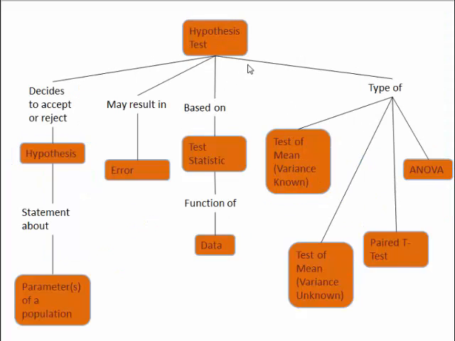So let's look at a concept map for the hypothesis test. A hypothesis test allows us to make a decision about certain hypotheses that we have. In our case, it allows us to decide to accept or reject the hypothesis based on the parameters for our population.